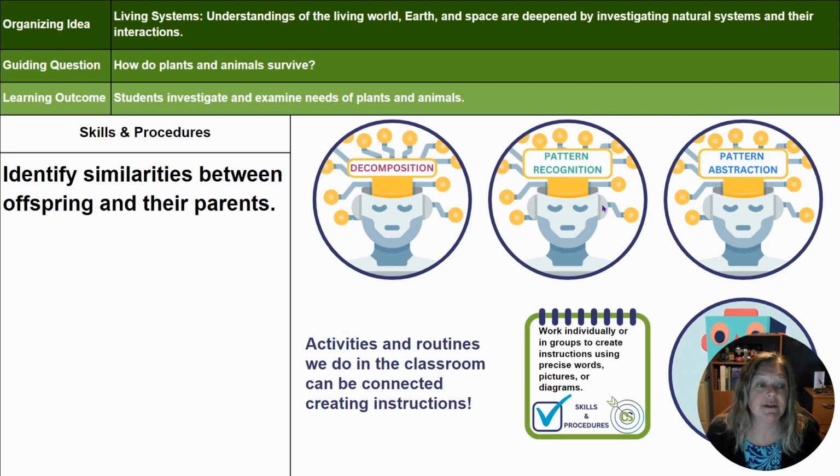We're asking students to compare things, like in this procedure where we're identifying similarities between offspring and their parents, asking students to look at specific attributes of something is getting into the decomposition piece of computational thinking and looking at ways that they are the same, and is going to be dabbling into that pattern recognition, and looking at ways that they're different can be recognizing patterns as well.